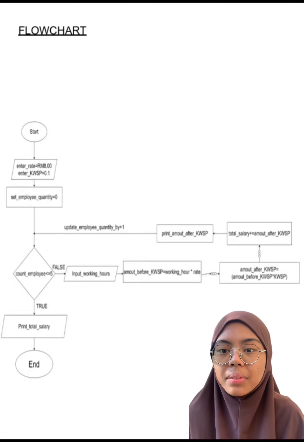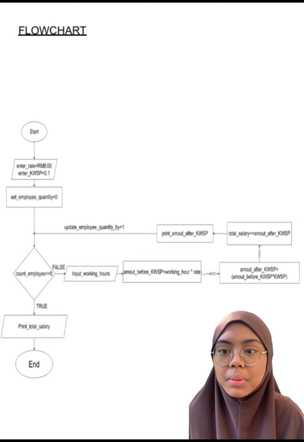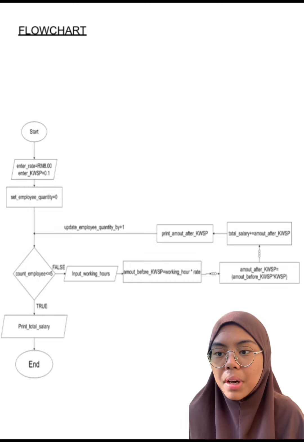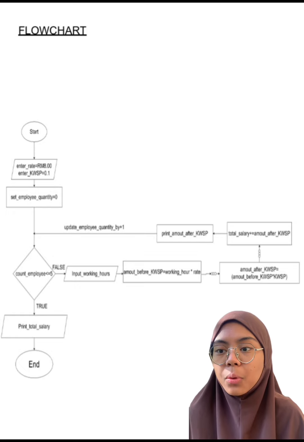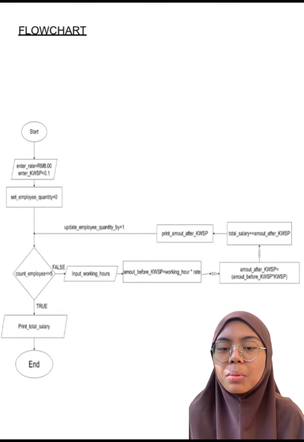So if it's false, we input the working hours, then the amount before KWSP, then amount after KWSP we calculate using the formula shown, then total salary plus the amount after KWSP as a process, then print amount after KWSP. So update the employee quantity, and this process goes as a loop until it is true, because this is an iterational flowchart.